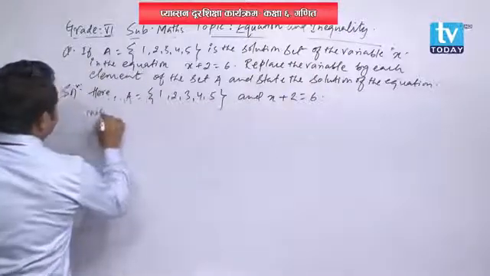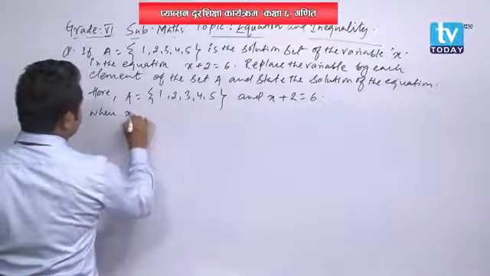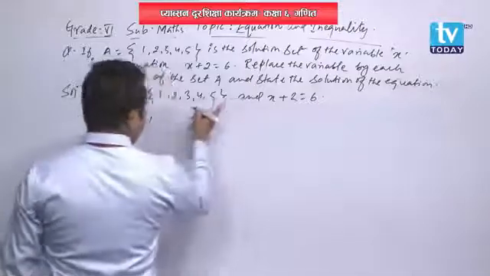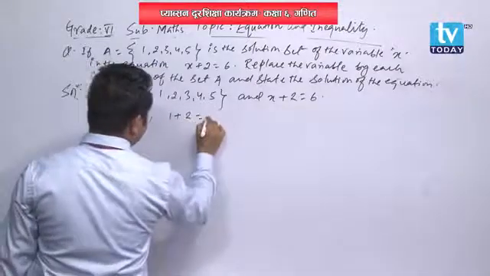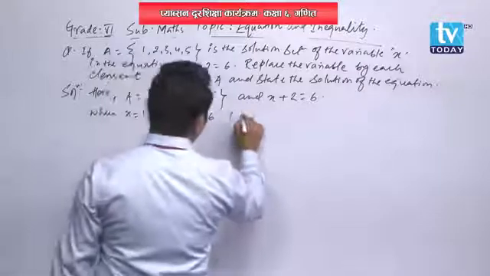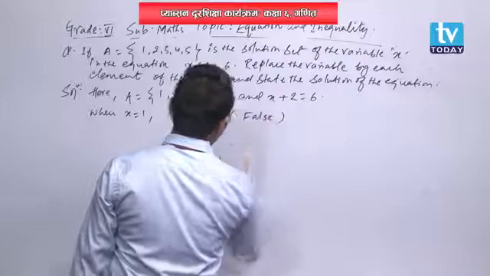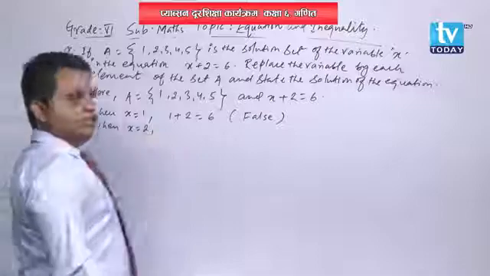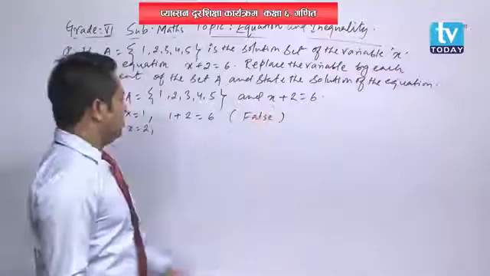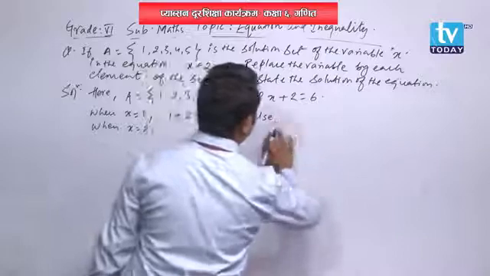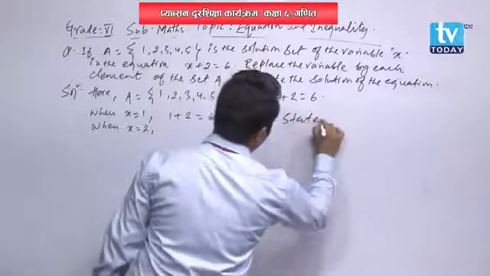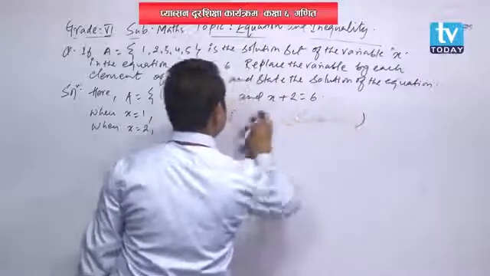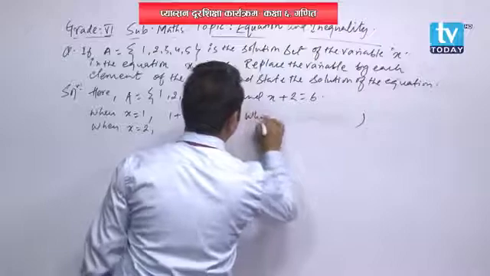So when x equals 1, we have 1 plus 2 equals 6, which is false. Now when x equals 2, you can replace the value of x here, and it is a false statement.